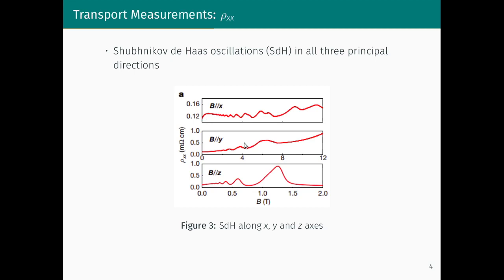These oscillations are known as Shubnikov-de Haas oscillations, and the presence of SdH oscillations in all 3 directions is valid evidence that the system is indeed 3-dimensional and not quasi 2D, because if the Fermi wave vector was open in any of the directions, we would not have observed SdH oscillations in all 3 directions. Hence, this is a good motivating factor that our sample is indeed a 3D sample.